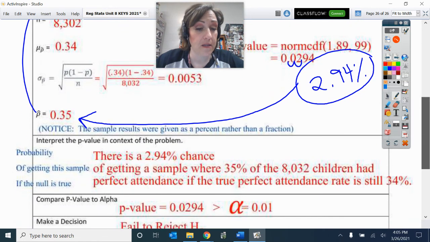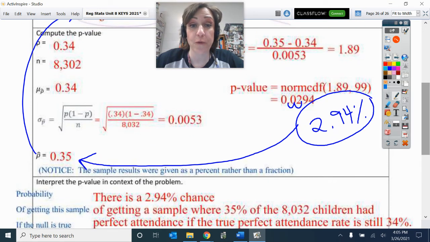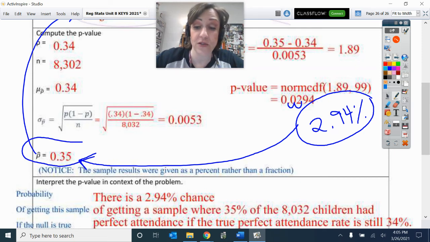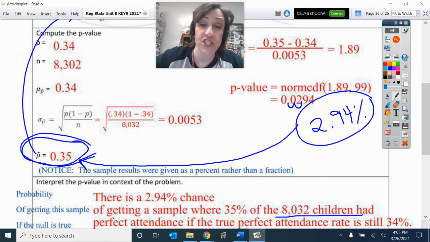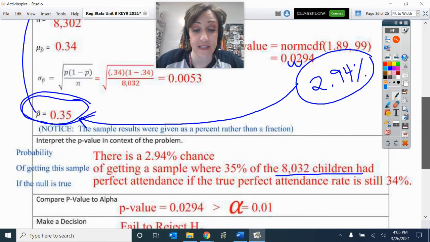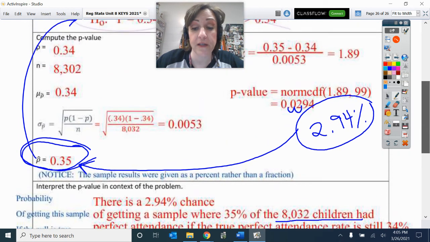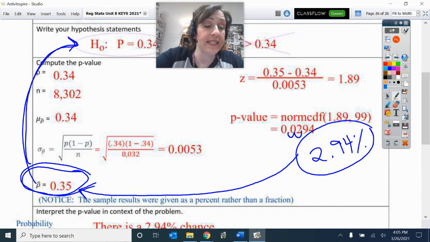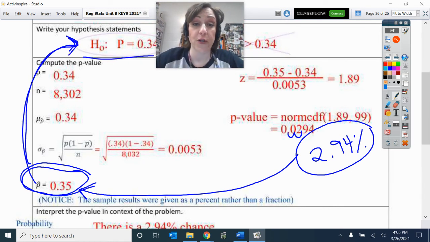So there's a 2.94% chance of getting a sample of 8,032 children where 35% of them had perfect attendance if the true perfect attendance rate is still 34%.